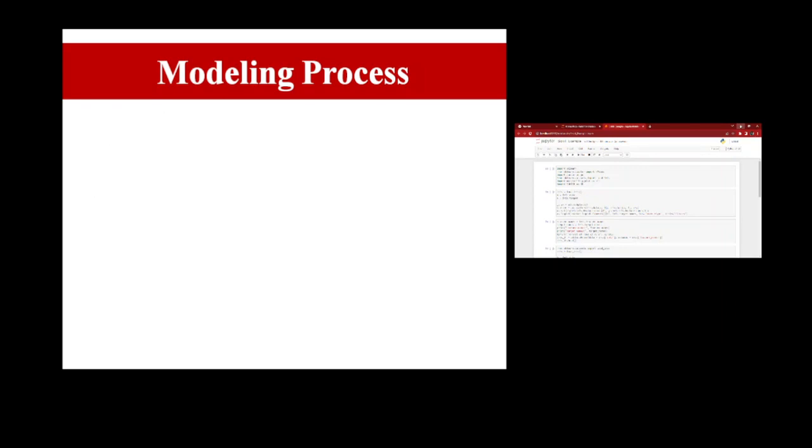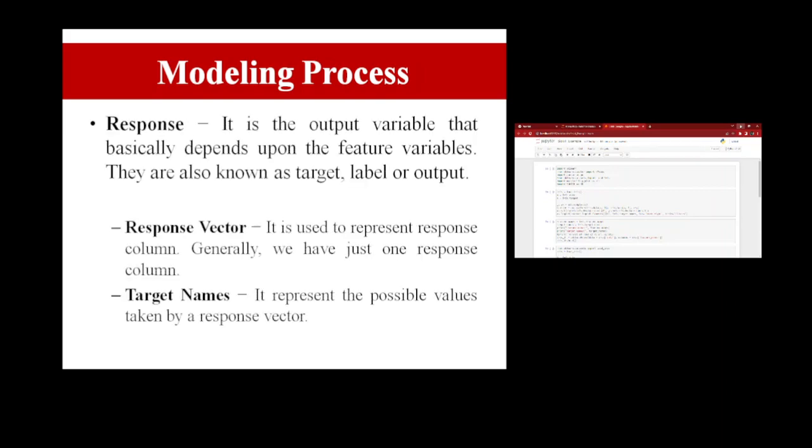Then the second one is the response. The response is the output variable, which depends upon the feature variables, normally known as the target also. Now the response is again categorized into two. One is called the response vector, which represents a single column, the response for each observation.